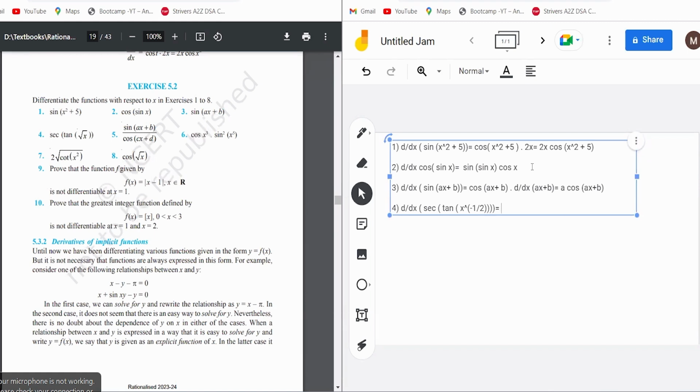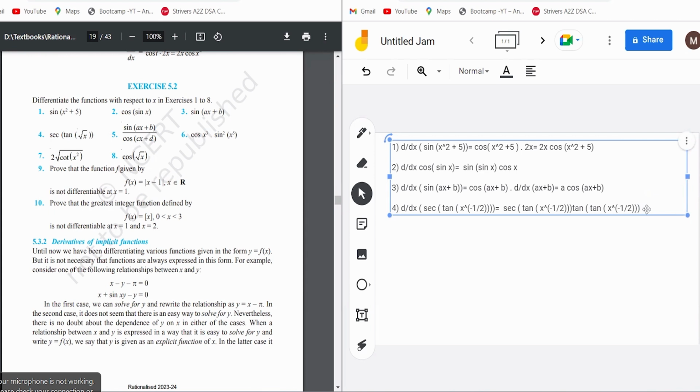What is the outer function? Sec. Differentiation of sec x is sec x tan x. So firstly, we will get sec of this thing into tan of this thing, because differentiation of sec of something is sec of that thing into tan of that thing. So this is differentiation of sec x. It is sec x tan x.